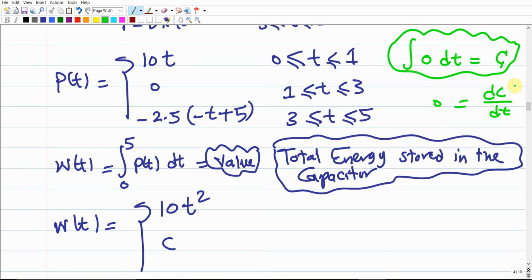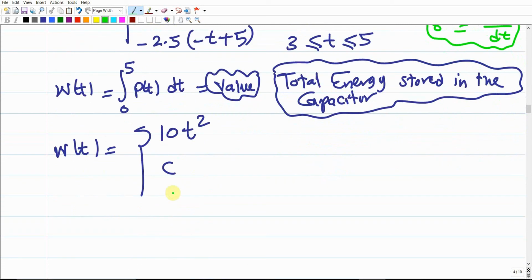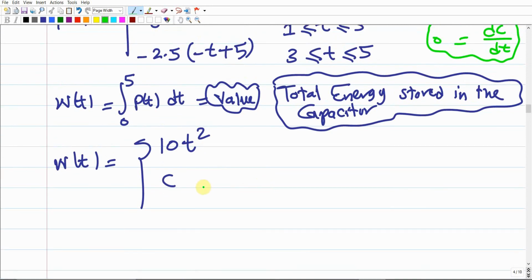To get rid of the integral, you have to do derivative to both sides, right? So the derivative of the constant gives us 0. So the integral of the 0 here means that we should have a constant value for the energy within the second period, right? This constant value could be 0 or any other value we don't know yet.